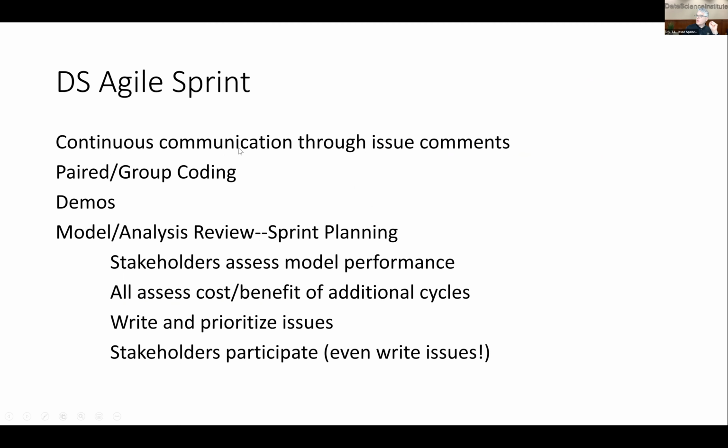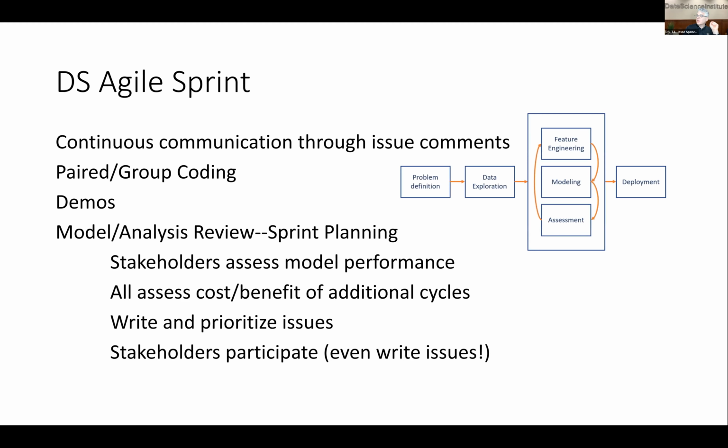So we're going to do continuous communication, paired group coding, demos, which is where you present your work at the end of the week, limited to 2 or 3 minutes. And then we have model analysis and review and sprint planning all together. So we take a look at what we've done, and then we plan what we're going to do for the next week. And that's kind of what it looks like.